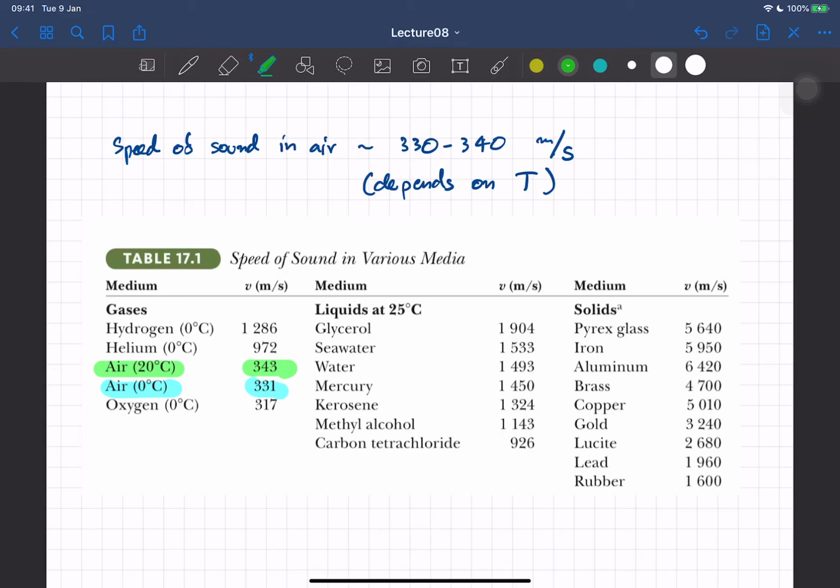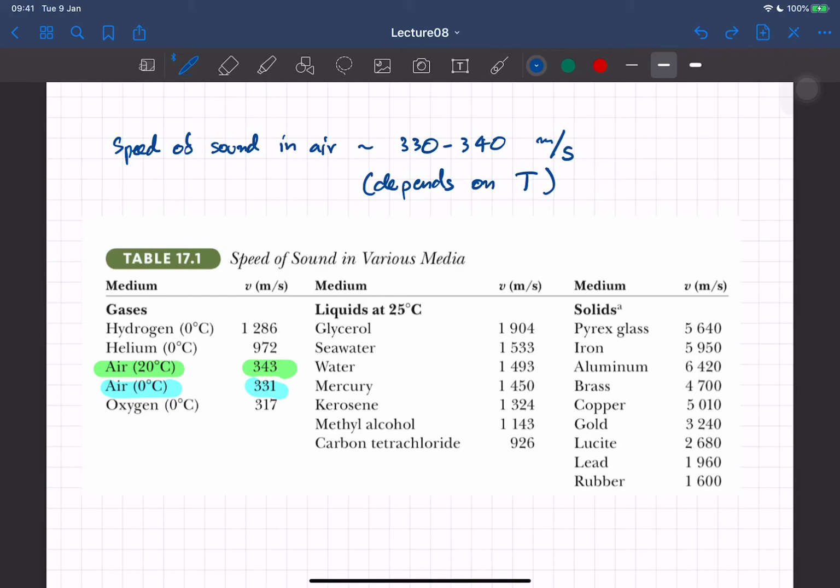So the reason why air has this particular speed of sound is because of the oxygen and the nitrogen in air. So if you take the oxygen alone, 100% oxygen, which is not air, okay, air is about 20% oxygen, the speed of sound is actually lower because oxygen is heavier than normal air.